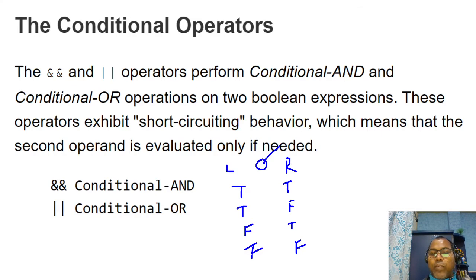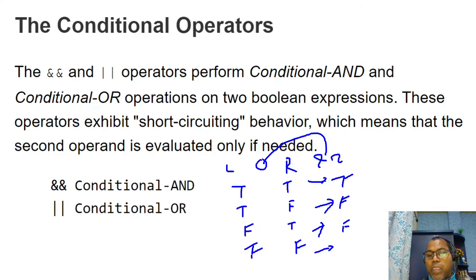If you apply the AND operator in between, if both are true, then it returns true. If any is false, then it returns false. The AND operator says any false returns false. And what does the OR operator say? If any is true, it returns true. One true returns true, and both false returns false.